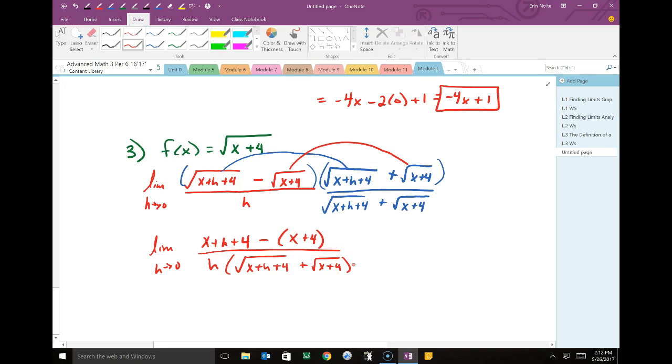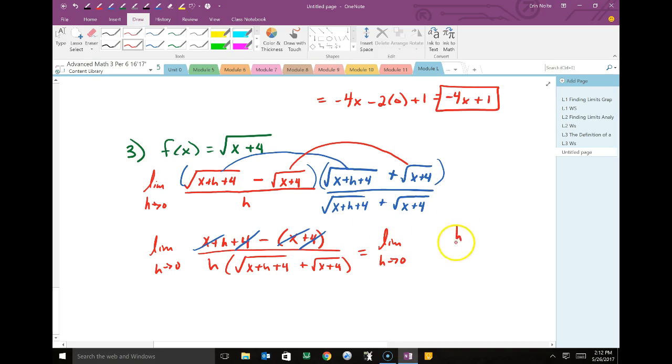Okay, so now on the top, what do you see? Does anybody see x minus x? Okay, adios x's. Does anybody see 4 minus 4? Yes. Adios 4s. So what's left on the top?